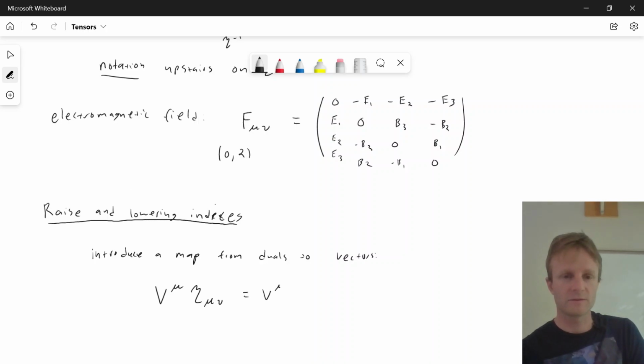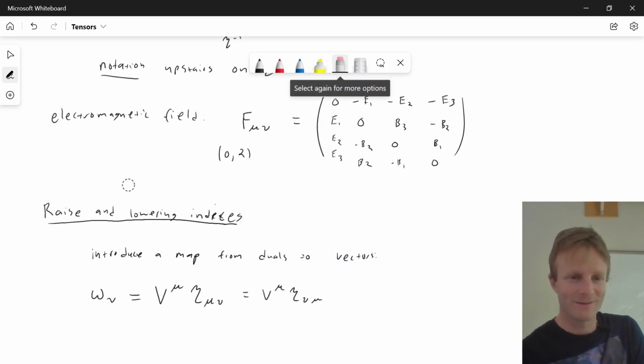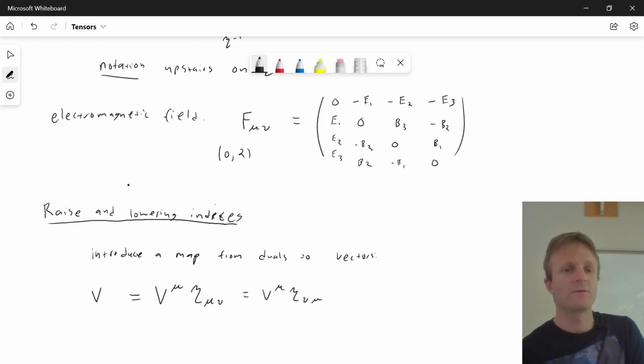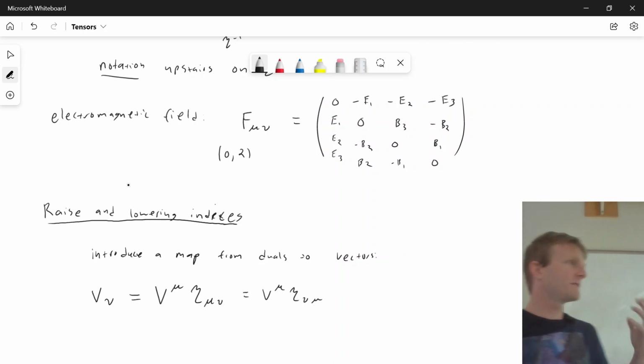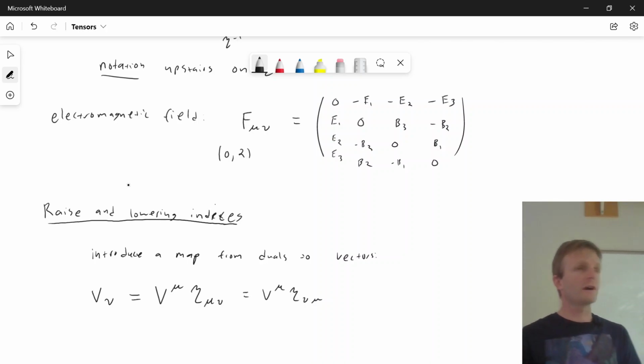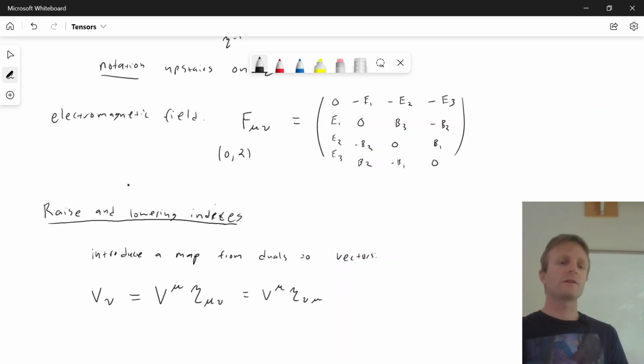I'll write that out explicitly: eta nu mu. And this thing defines our v with a lowered index. So once we have this metric, which gives us more structure to use, we can now introduce a canonical way to get a one form from a vector, and that's the equation.